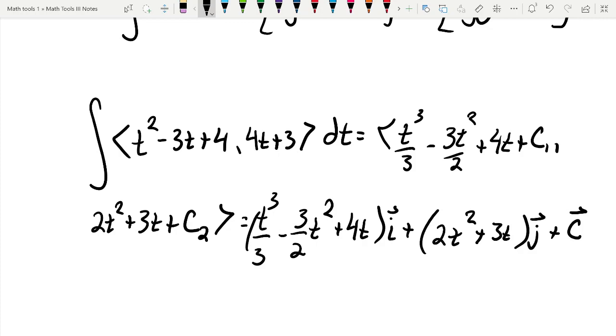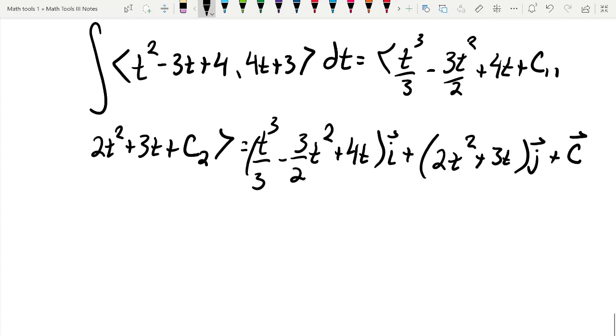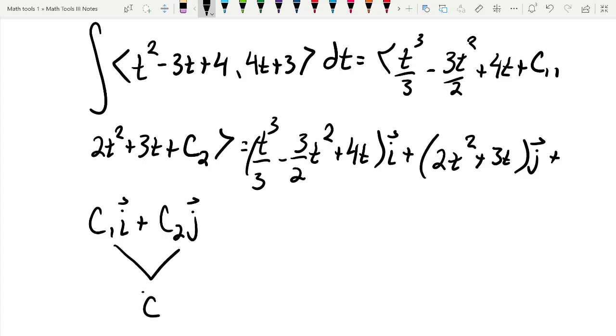Okay, so the idea here is that you could have plus c1 i hat plus c2 j hat, and then these you can combine into a single vector, which we call C. Okay. So it's basically just a notational thing, right? In practice, you would maybe be able to figure out what that constant is anyway. So then it wouldn't be a big deal.